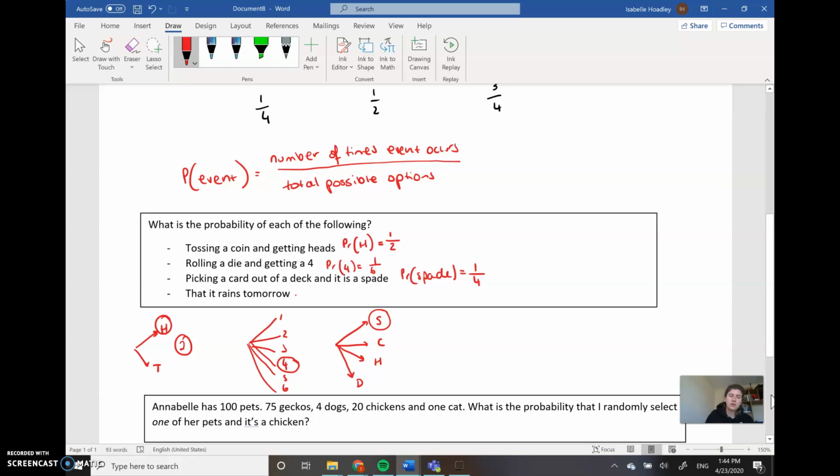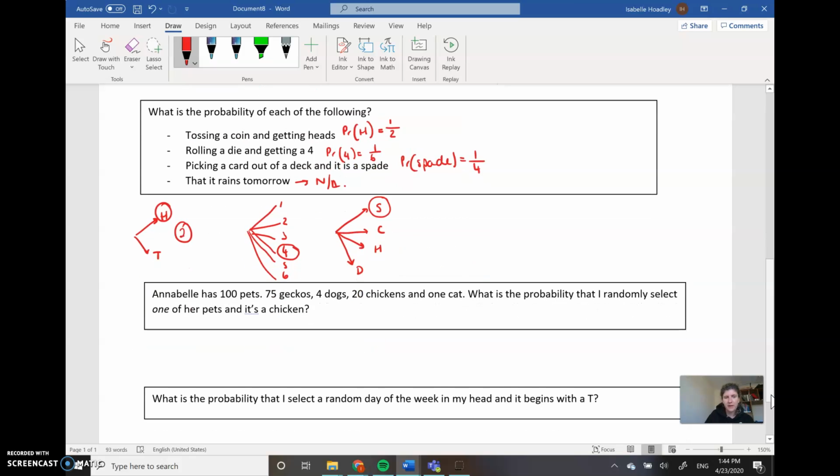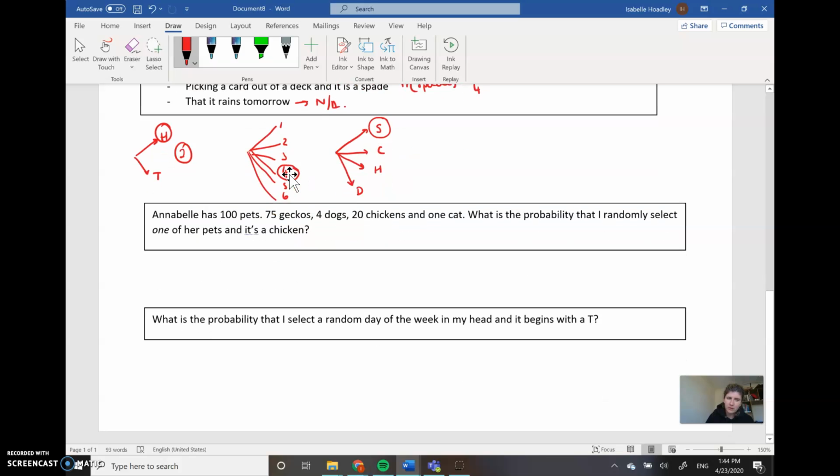So this one, so far, we can't answer because it's not a set probability every time. You're not looking from a set number of options. Okay, so for this one, for the moment, we can't do it. All right. I just wanted to add that one in, just so you know that there's some that you can't do unless you know a certain amount of things about the question.